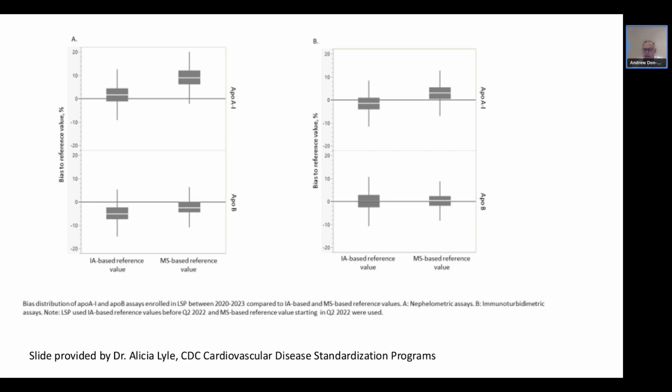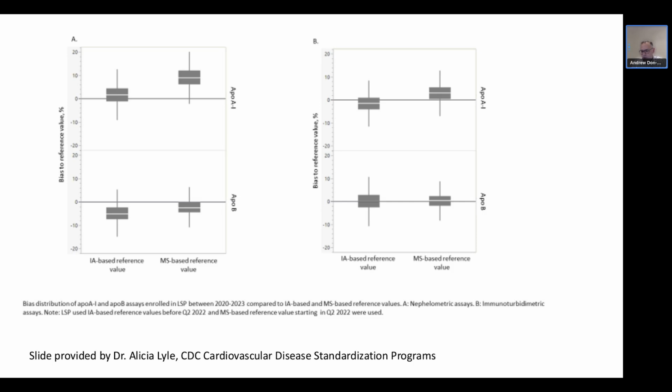But in panel A, you're looking at the nephelometric methods, and in panel B, the immunoturbidimetric methods. And you can see as they move between 2020 and 2023, they switched over from the immunoassay-based reference value to a mass spec-based reference value.